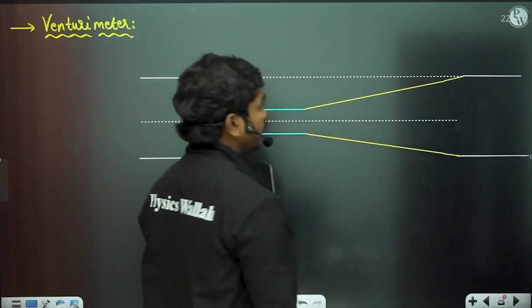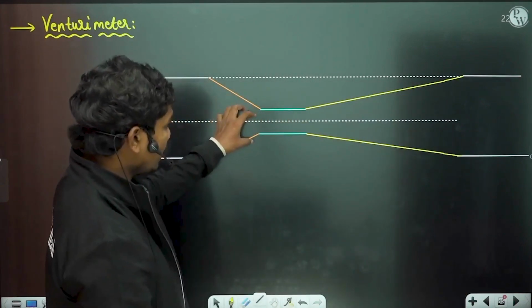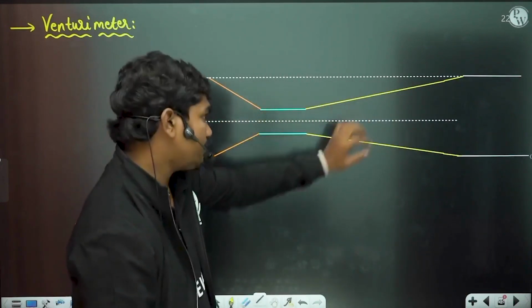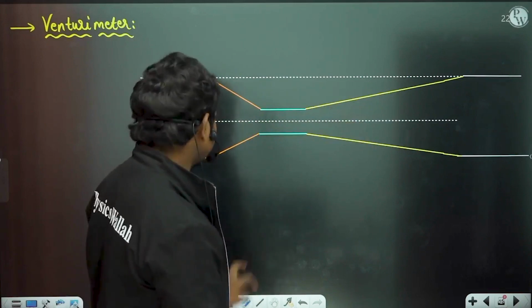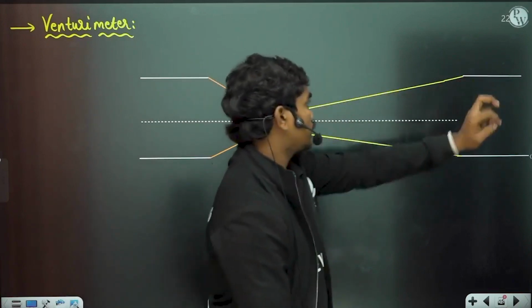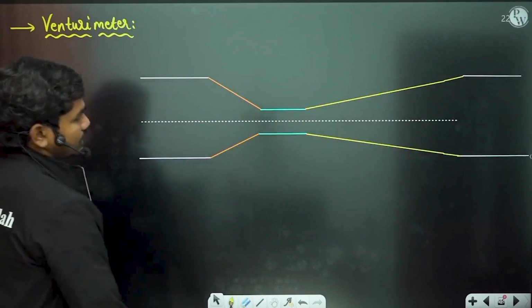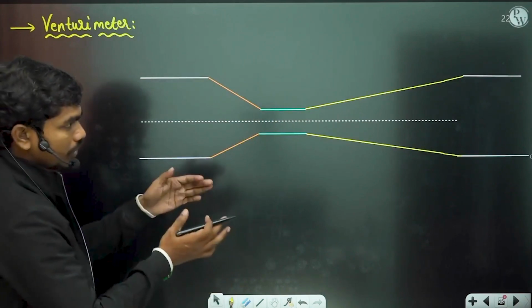You have some converging part, then some straight part, and then a diverging part. So this is how a Venturi meter looks. This is how you fit this Venturi meter in between a pipeline.